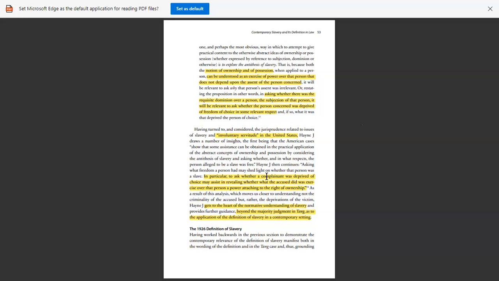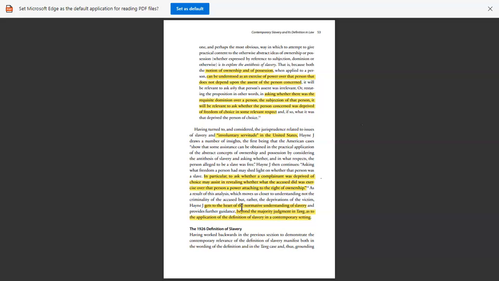So in particular, asking whether a complainant was deprived of choice may assist in revealing whether the accused, which would be the enslaver, exercised over that person a power attaching to the right of ownership. So we don't say slavery anymore. We say whether or not someone complaining of conditions like slavery was deprived of a choice; that may help show whether the enslaver did exercise a power of control or possession, or any of those, not all, but any of those things that would show some form of ownership.